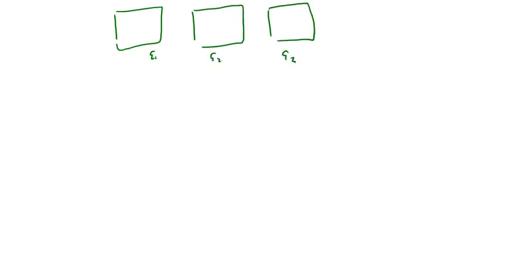So basically what I'm saying is this. Let's say I have 3 compartments here like this. This compartment has energy E1, this compartment has energy E2, this compartment has energy E3, and so on.